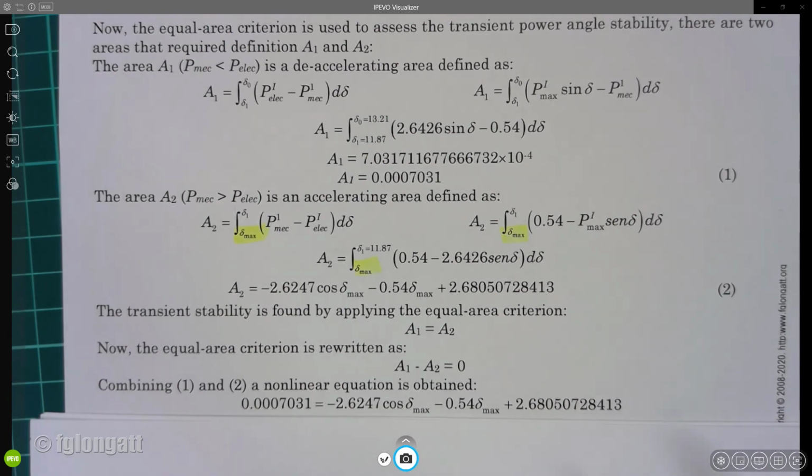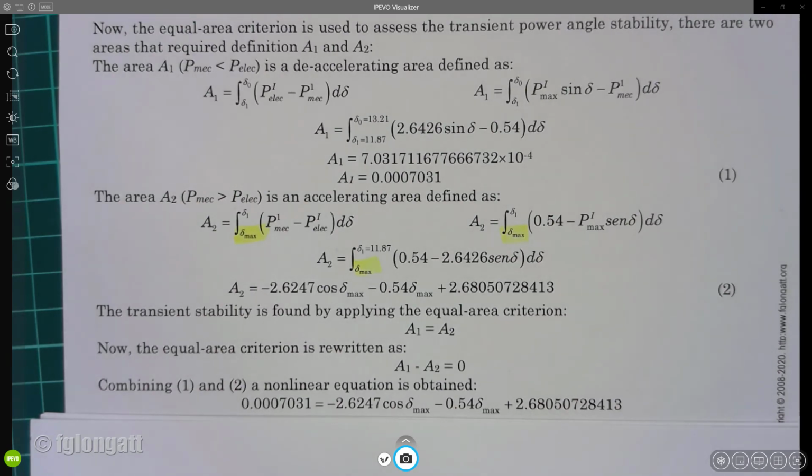And here we have this beautiful nonlinear equation, because the angle delta is combined with the cosine of the delta angle. That is great.